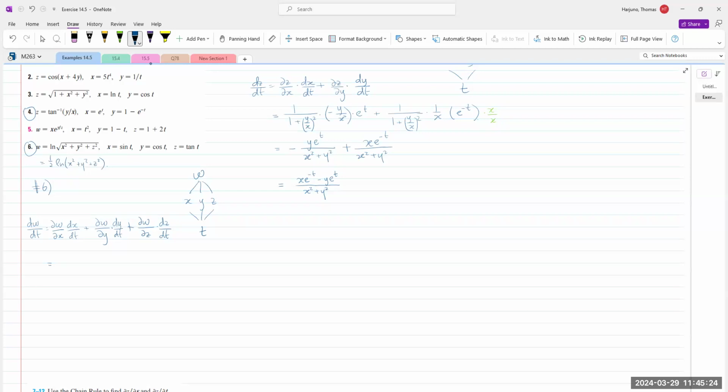Okay, so the derivative of that will be 1 over 2 times x squared plus y squared plus z squared, times 2x, times the derivative of x with respect to t, that's cosine t, plus dou w dou y, that will be then 2y over 2 times x squared plus y squared plus z squared, and then negative sine t.